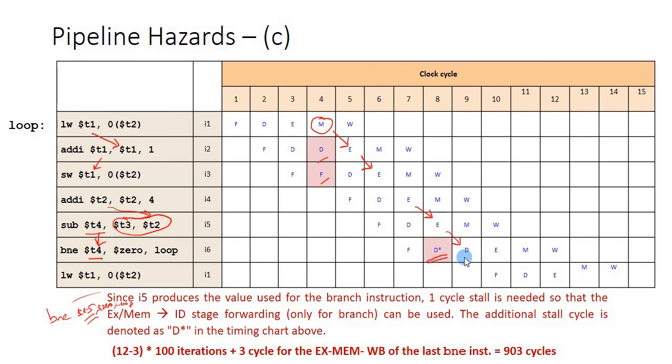So the only reason why we have a stall over here is because we are checking for T4 and T4 is updated in I5.